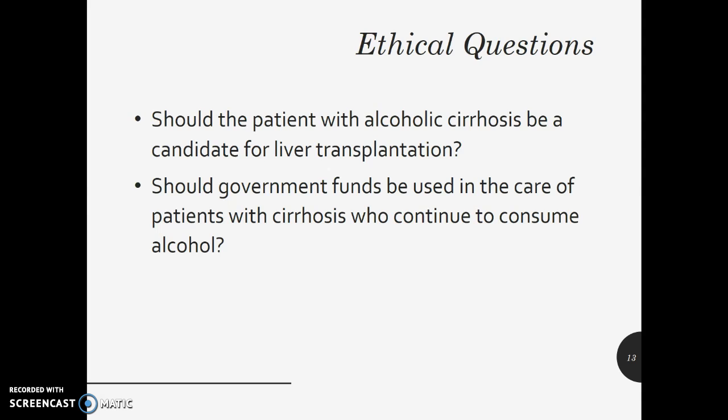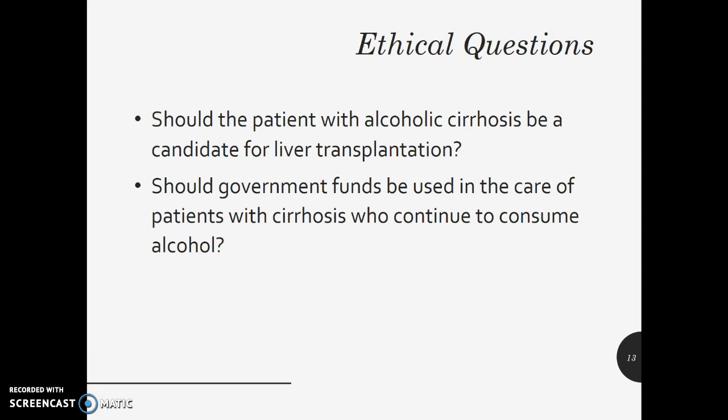Now, these are just a couple of ethical questions to consider. Should a patient with alcoholic cirrhosis be a candidate for liver transplantation? That's been a concern, and I think people are thinking, well, is that really fair?